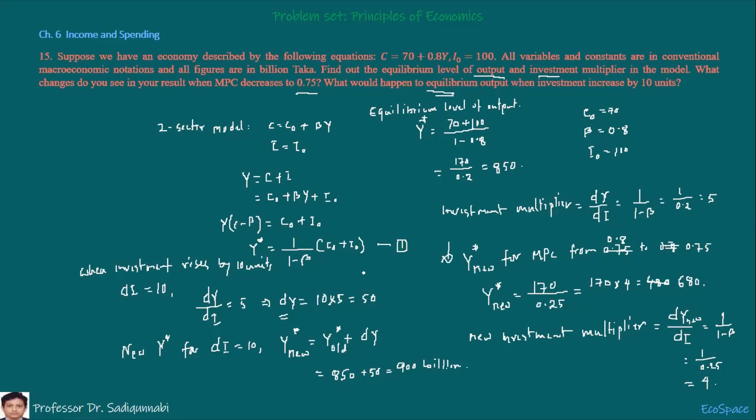So in the first part of our solution, the equilibrium level of output is 850, and the investment multiplier is 5. When the marginal propensity to consume reduces from 0.8 to 0.75, then our new equilibrium is 680 and the new investment multiplier is 4.